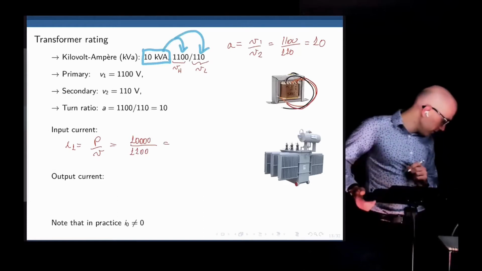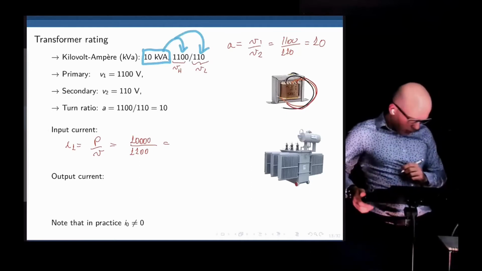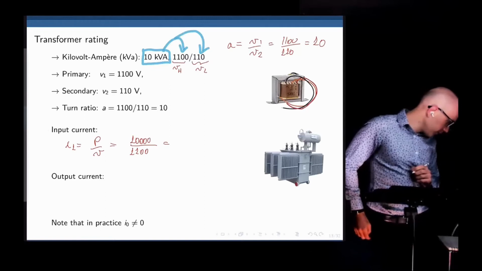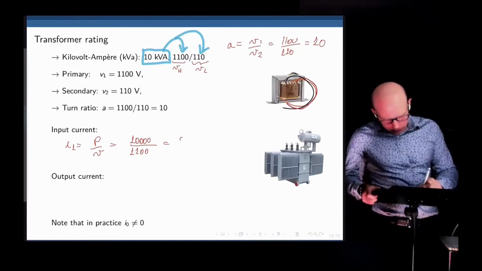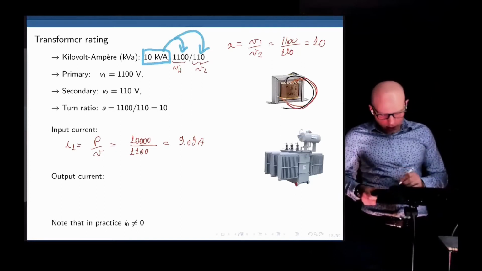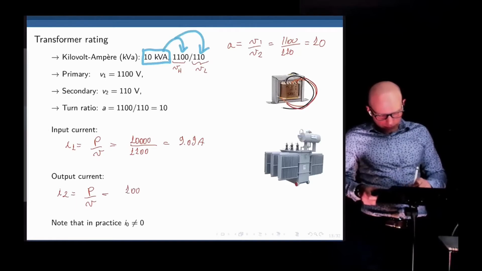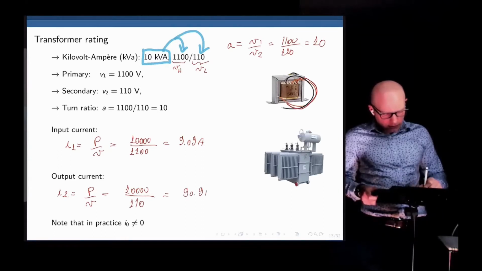And this gives 9.09 amps. The output current, you guessed, is the power divided by the output voltage. And this is 110, which gives 90.9 amps.